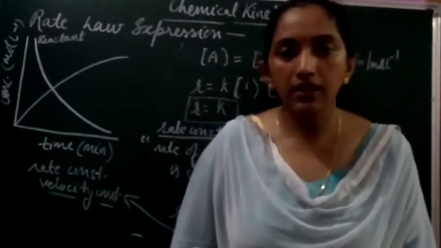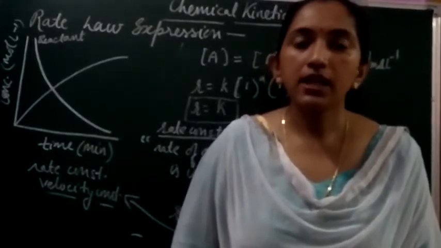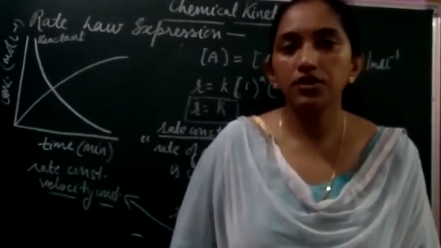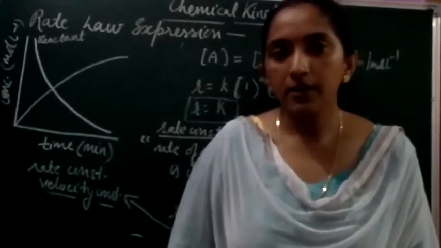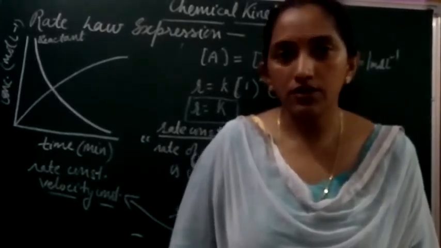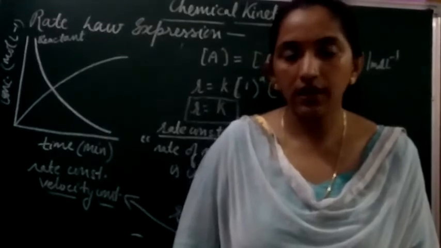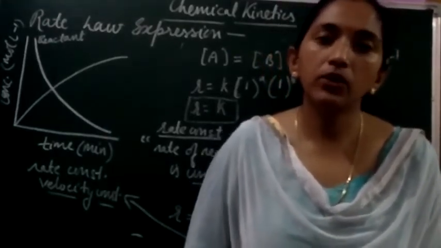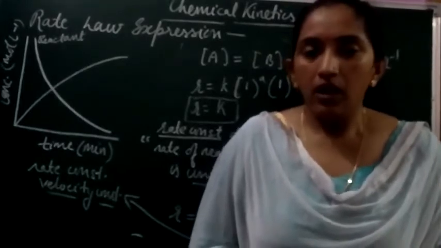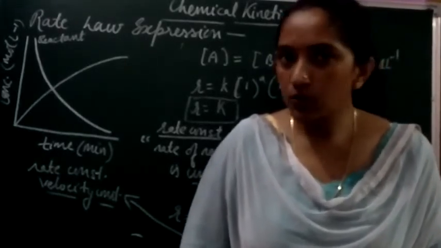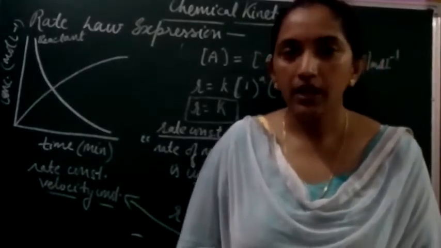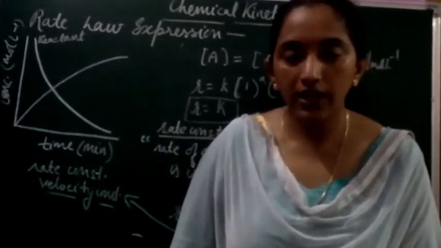Now second, the rate constant is independent of the initial concentration of the reactant. It depends upon the temperature factor. So the first point was that it is a characteristic of the rate of a reaction.